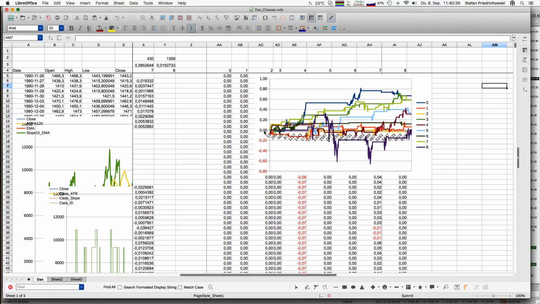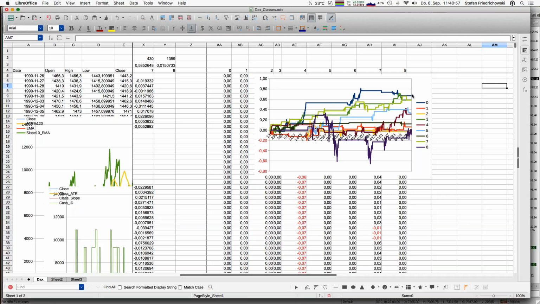We don't find something which goes really to the south and is very good. That would be a good result as well, as I mentioned already, because then this would indicate to us an opportunity for short trades.